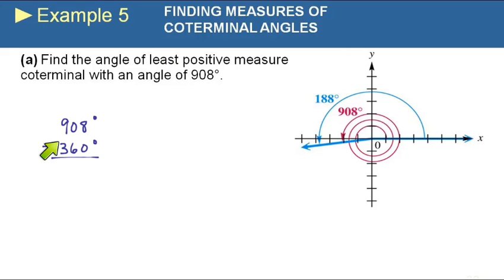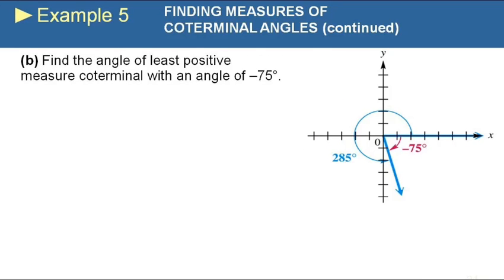So 908 minus 360 gives us 548, minus 360 again, because see, that's too large, that's more than one whole rotation. So minus 360 again gives us 188. So if we subtract 360 again, we're going to get a negative answer. We want the smallest possible positive answer, so we found it. 188 degrees is coterminal with 908 degrees.